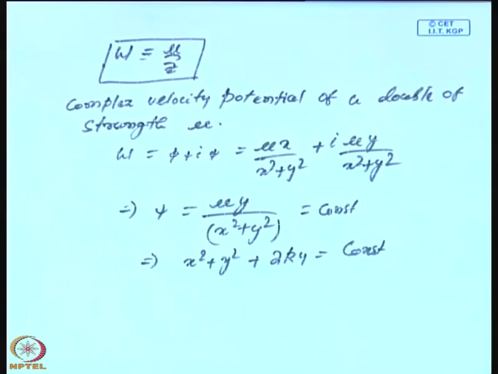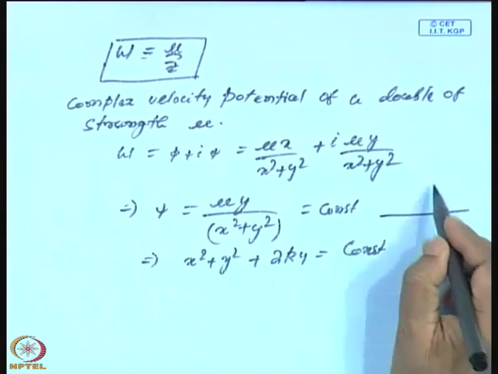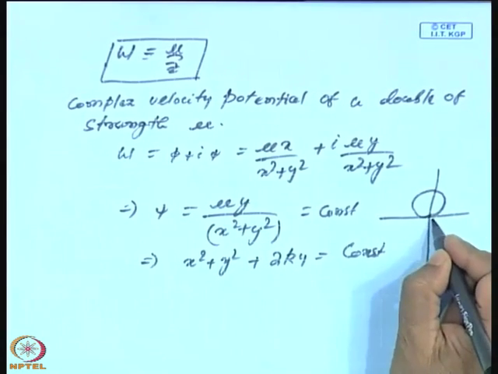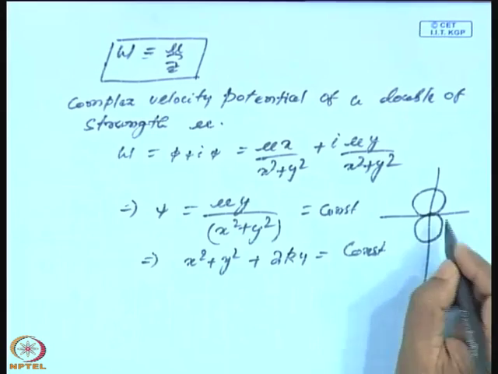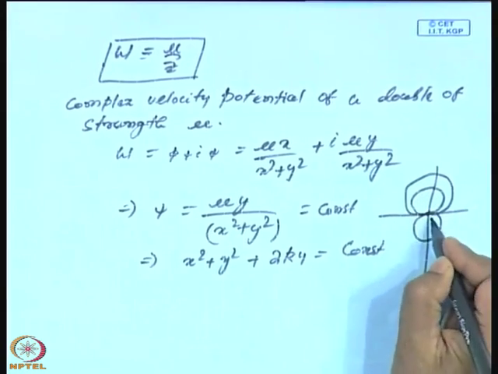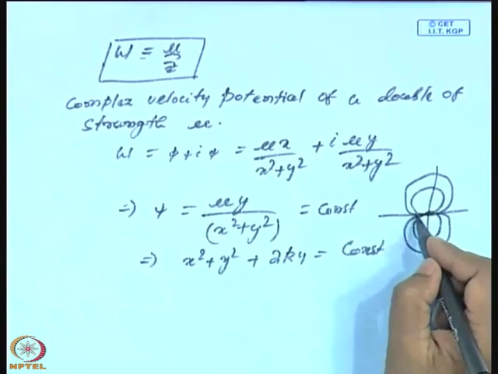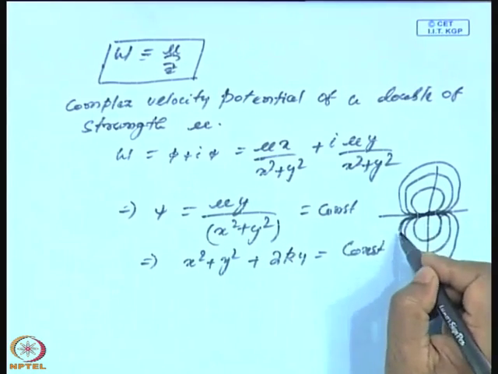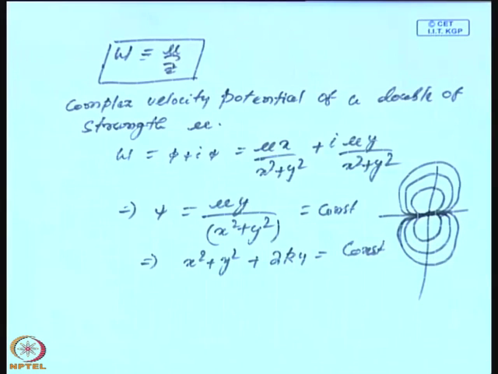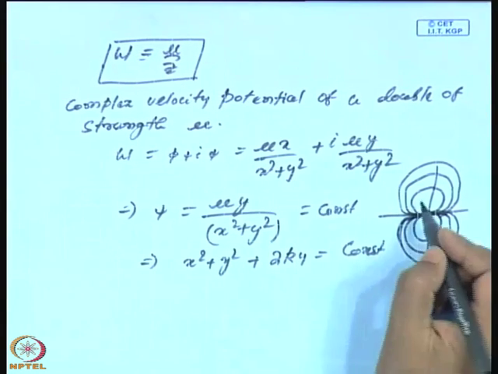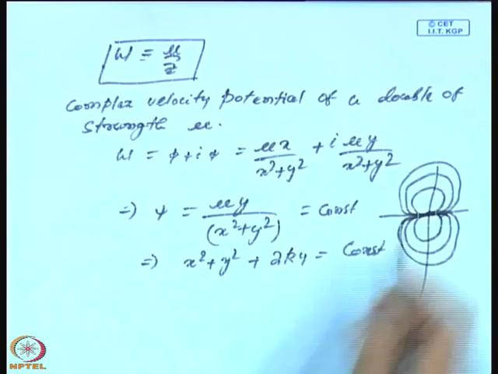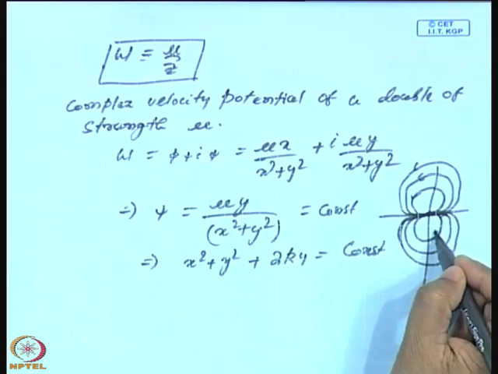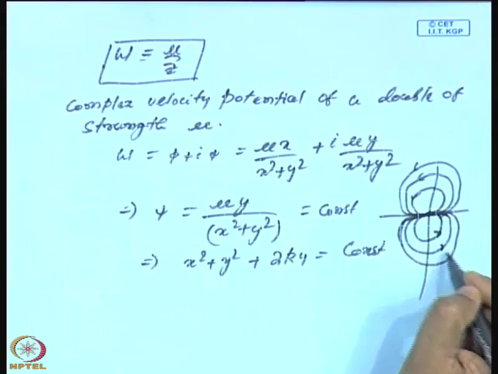And we have seen a similar example in the last class. It will touch the x axis, the flow pattern will be like this. Of course, this is cylinder, circular flow. So again the center will be, it will touch the x axis, and again a circular flow, and this is the flow pattern due to a doublet.